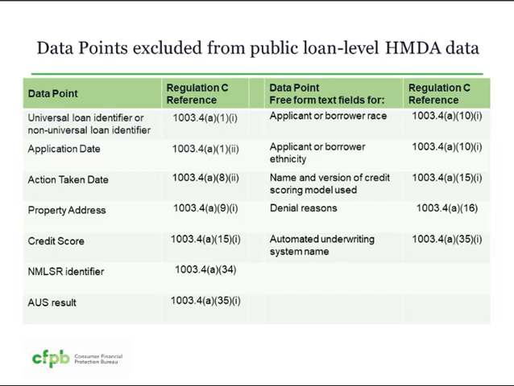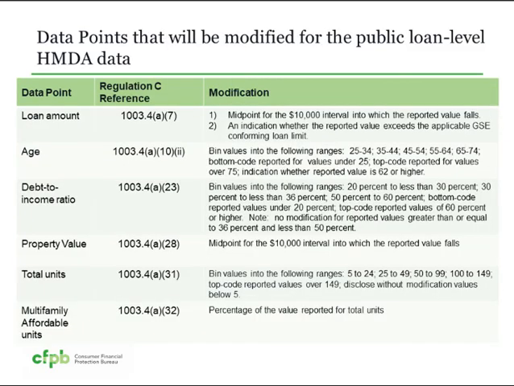On this slide is a chart that shows the data that will be excluded from the public loan level HMDA data. Included in this chart is the Regulation C reference for the applicable data.